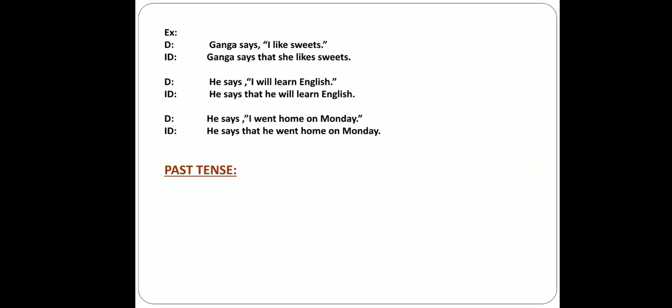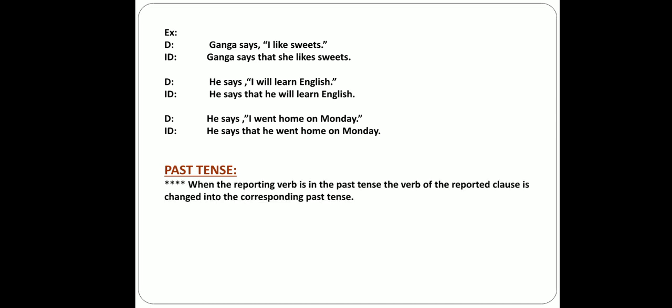The second major rule is past tense. If the reporting clause is in past tense, the reported clause should be in past tense. It is a major condition. When the reporting verb is in the past tense, the verb of the reported clause is changed into the corresponding past tense.